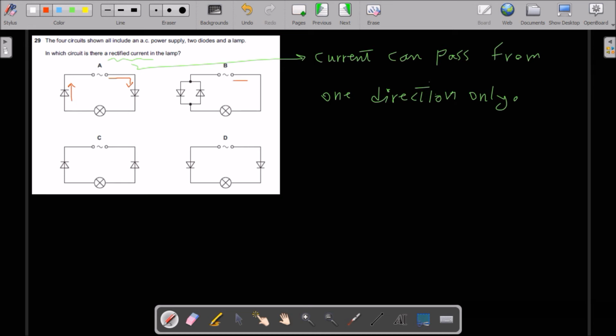For this one, current can pass in this direction but cannot pass in this direction. For this one, current cannot pass through the diode because the diode is a rectifier, and from the end of the diode the resistance is very high and current cannot pass. For this one, current can pass, but here current cannot pass through the diode. That's why A will be right. In which circuit is there a rectified current in the lamp? A will be right.